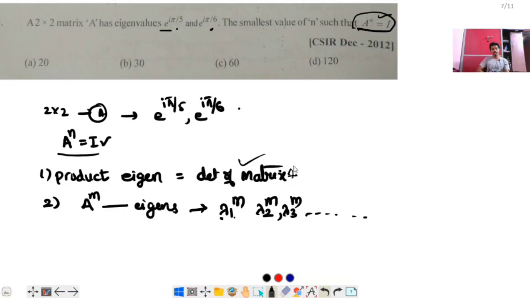Using these two formulas, now you will solve this problem.